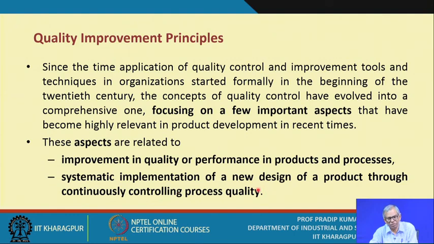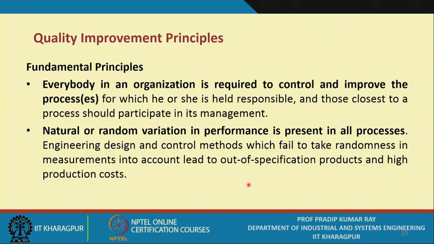So this is also possible. As I have mentioned, the product quality is very much dependent on the process quality. So if you want to implement a new design for a product, you have no other alternative but to improve the process quality. Is it okay? So that is the point to be understood.